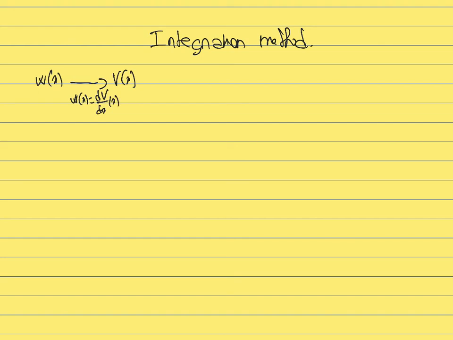Then if you integrate one more time, you get the internal moment, based on the fact that the internal shear is the derivative of the moment at each point of the beam.